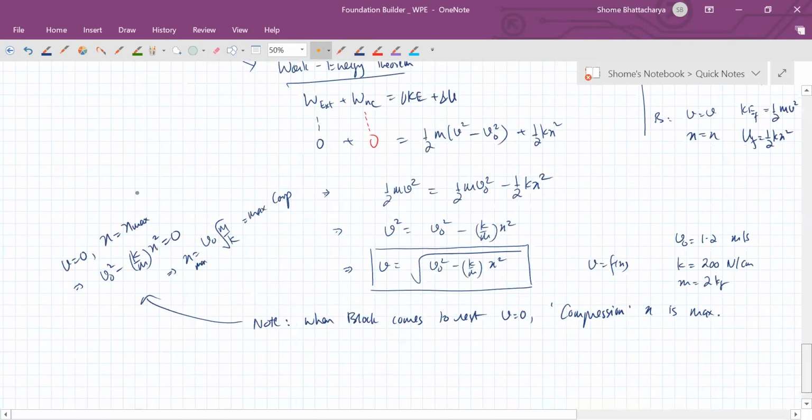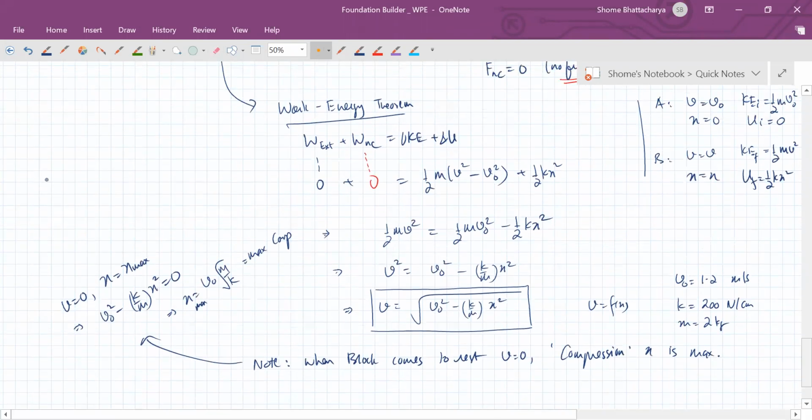So my X maximum will come out to be V naught, which is 1.2 into square root of M, which is 2, upon spring constant, which is 200 into 10 raised power 2, because you'll convert this in newtons per meter. Okay.